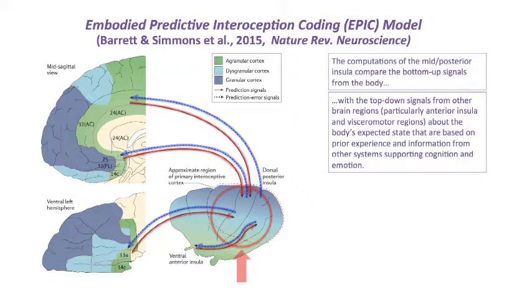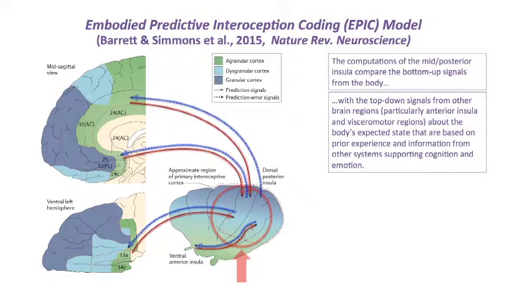And so it compares those prediction signals about the body's expected state, based on prior experience and information coming from these other systems that support cognition and emotion, with the incoming signals. It then sends the difference back up the hierarchy as prediction error.